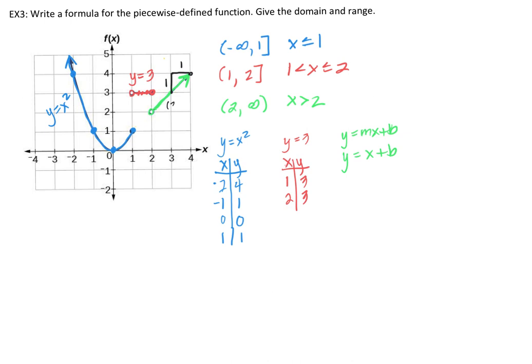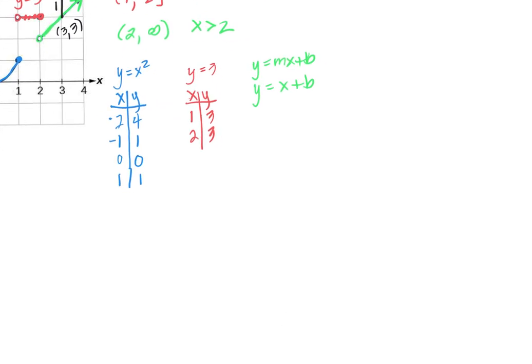A nice point would be (3, 3). Plug that in for your x and y and solve for b. We would have 3 equal to 3 plus b, which means b is equal to 0. Now my equation is y equal to 1 times x plus 0. So it's just y equal to x.